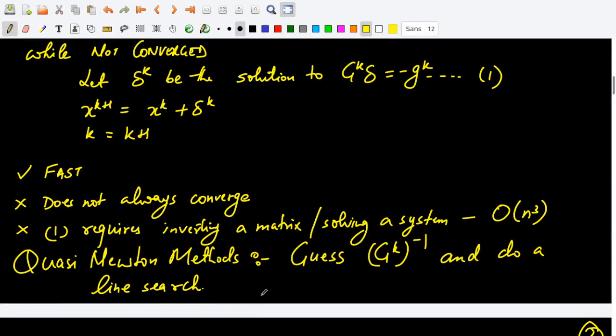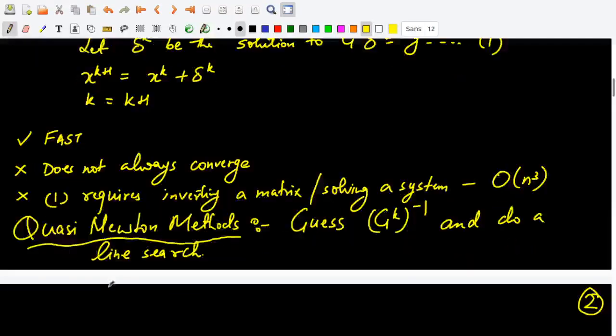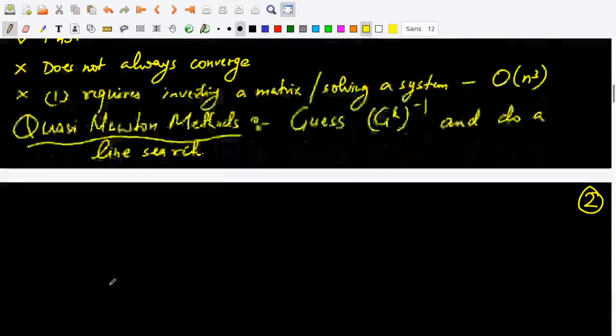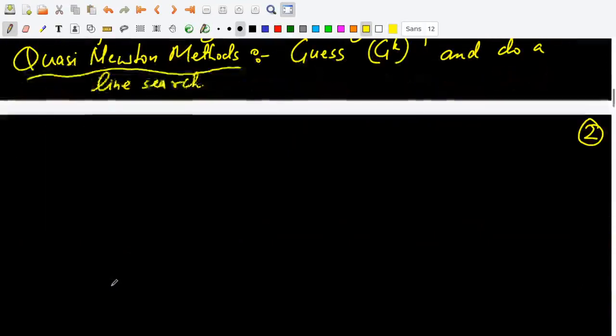These methods are practically much faster and more robust than Newton's method. And it is a family of methods. It's not just one single method that we are going to see. There are many variants of these methods, and they have some nice rich theory around them.